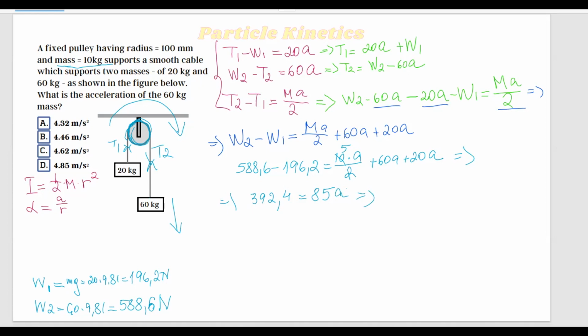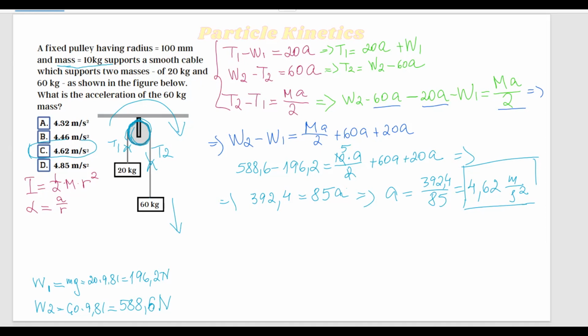And from here, A is equal to 392.4 divided by 85. And this gives you a value for acceleration of 4.62 meters per second squared. This is the acceleration of the system. So the correct answer is C.